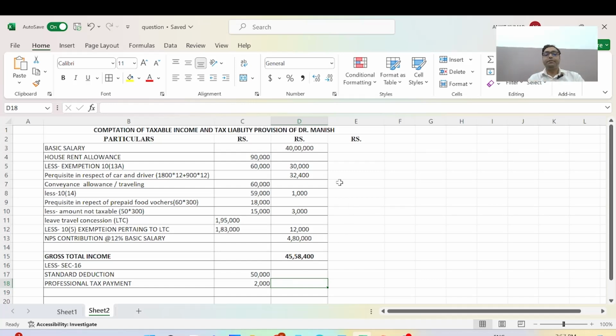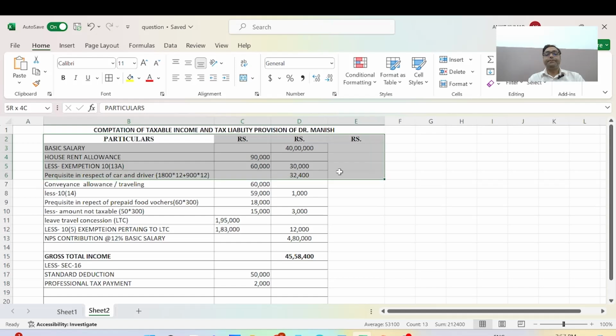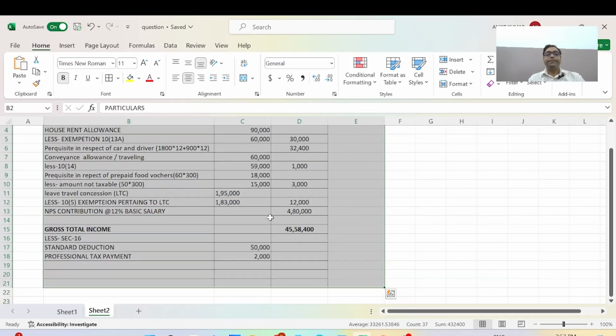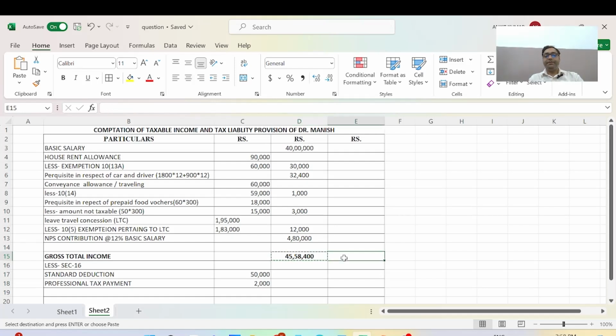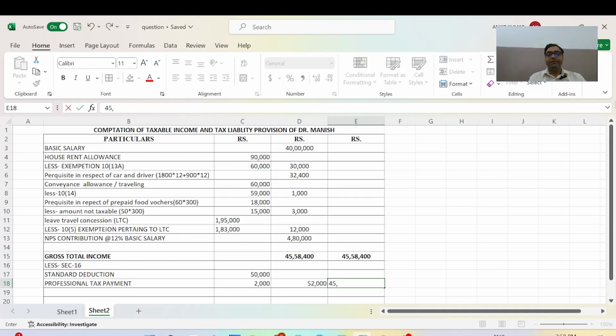This amount of 52,000 will be mentioned here, and it will be less from 45 lakh 58,400. It becomes 45 lakh 6,400.